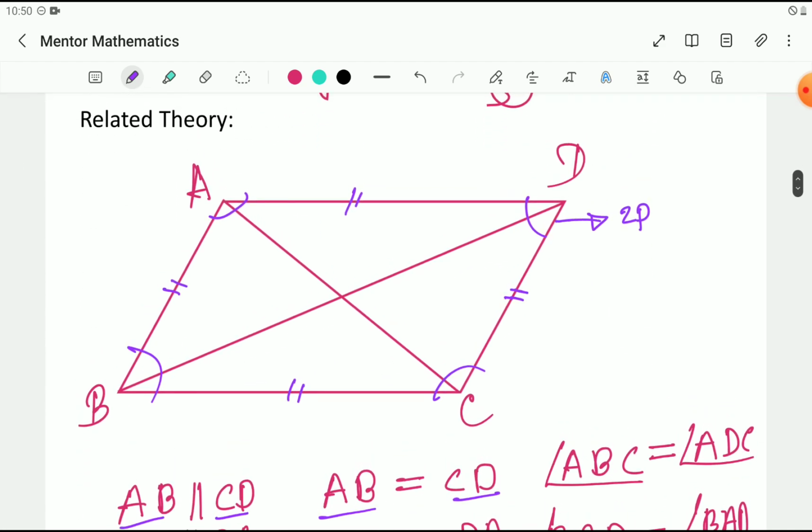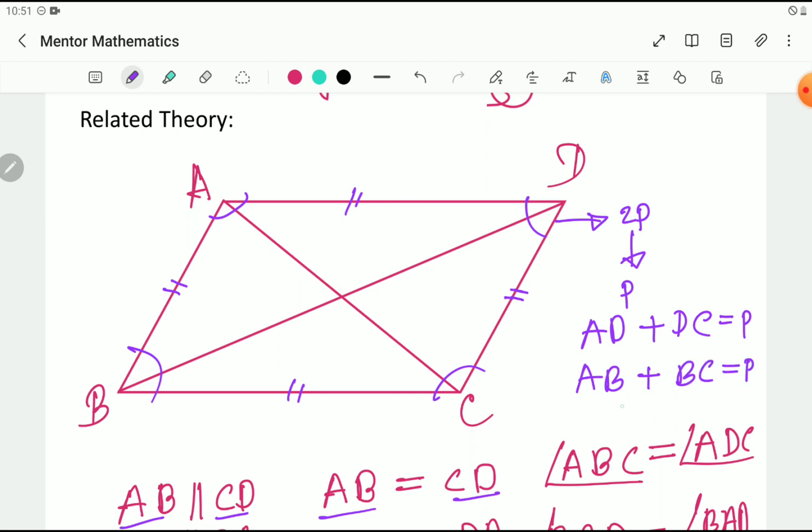In the first option, it says that at least one diagonal has a length equal to p. So p means half of it, or we can simply consider the distance AD plus DC is equal to p, or AB plus BC equal to p. Okay, we can say like that.